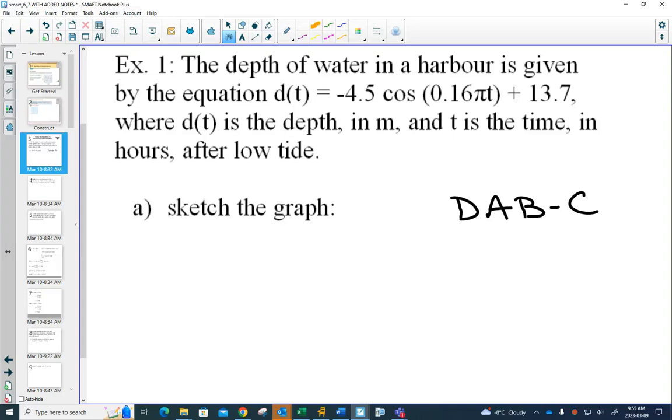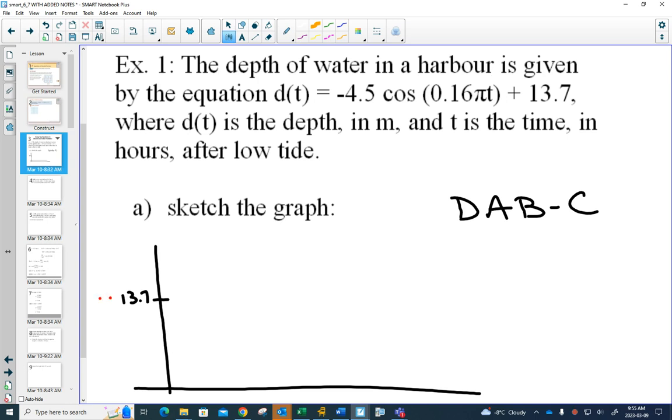We would start with the D value. The D value is 13.7. So I mark 13.7 and draw a dotted line at 13.7. I have now done the D part.